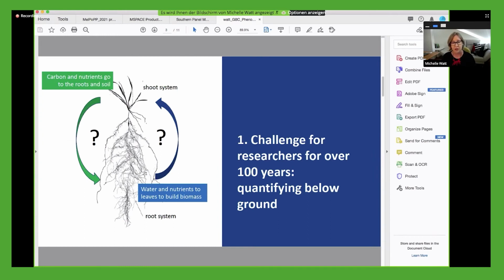The roots then in turn return water and nutrients up to the leaves to build biomass. And for over 100 years, we've had a problem quantifying these below ground processes.